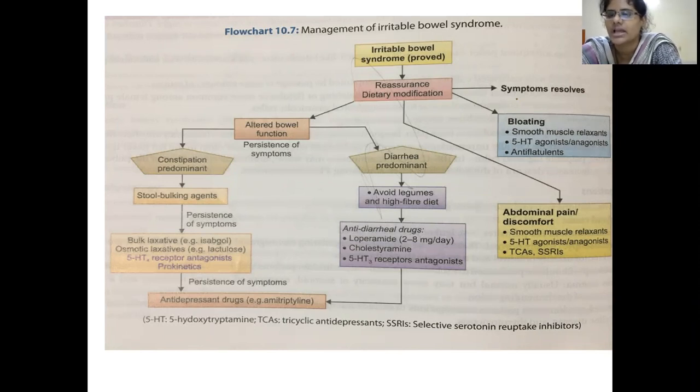Other symptoms to tackle: for bloating, anti-flatulence therapy can be tried, smooth muscle relaxants, serotonin agonists and antagonists. For abdominal pain, TCAs, the tricyclic antidepressants, selective serotonin reuptake inhibitors, serotonin agonists and smooth muscle relaxants can also be given. So this flowchart is your take-home message.